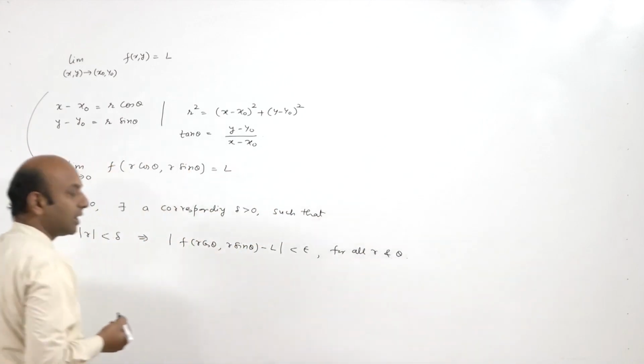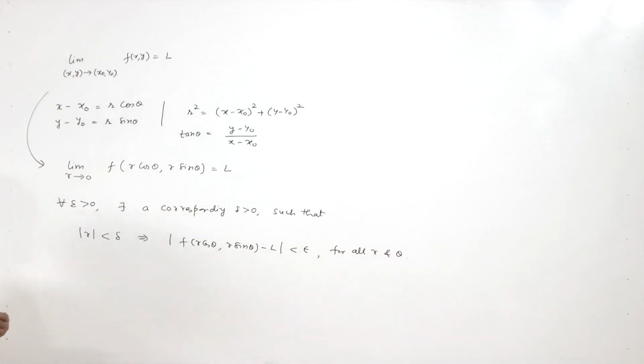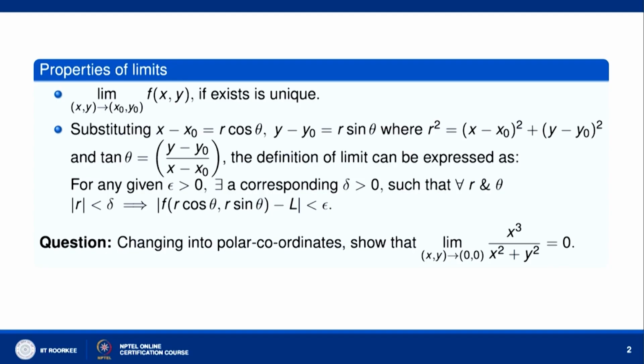This must hold for all r and theta. So, for any Cartesian limit you have to find, either you can proceed in the Cartesian way only, or you can convert into the polar coordinate system. Now, for example, we have this problem: changing into polar coordinate system, show that the limit of this is equal to 0. Now, let us try this problem.